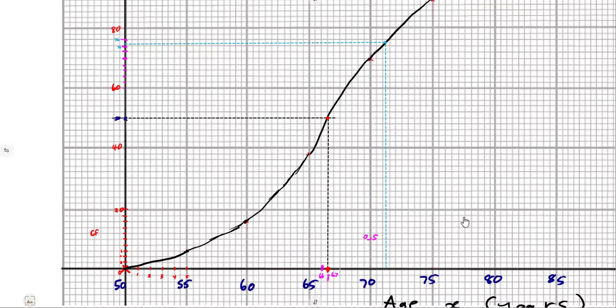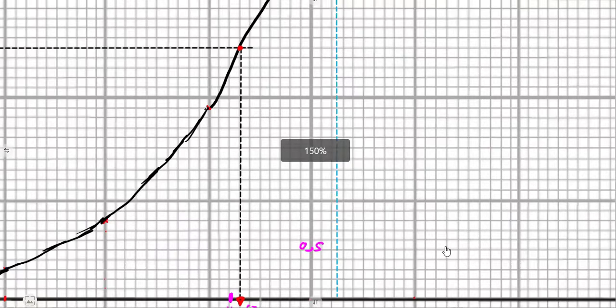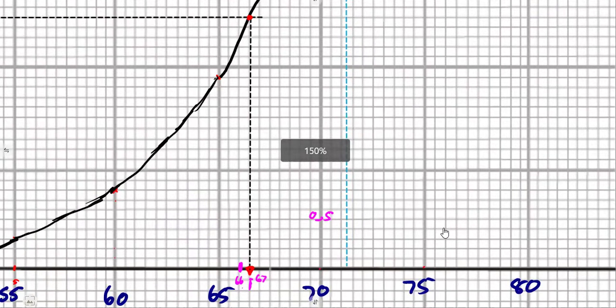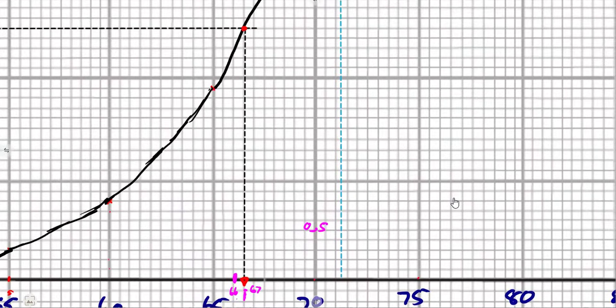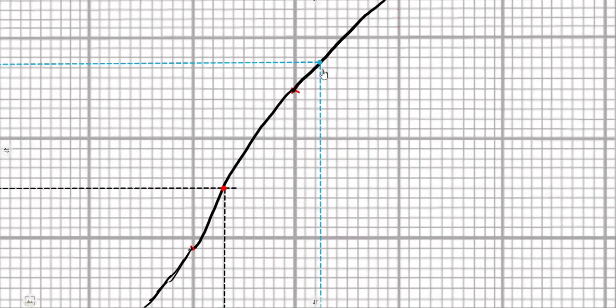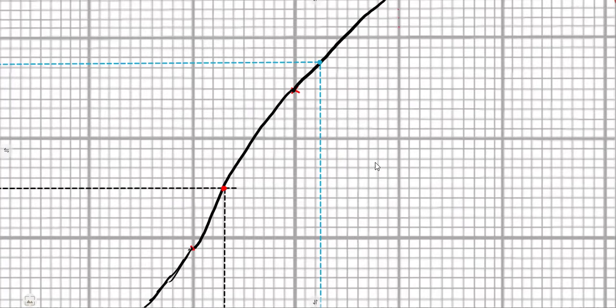Somewhere there, which according to this one, is just going to depend also on your presentation. This is also on the smoothness of the graph. That one was going to correspond to something like 71.